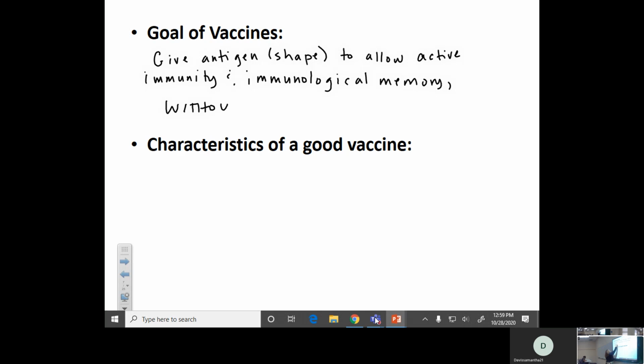So we want to do that in a way that does not have the risk of the disease. The vaccine needs to be less risky than the disease.